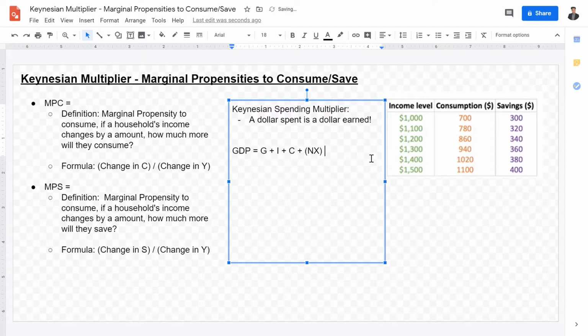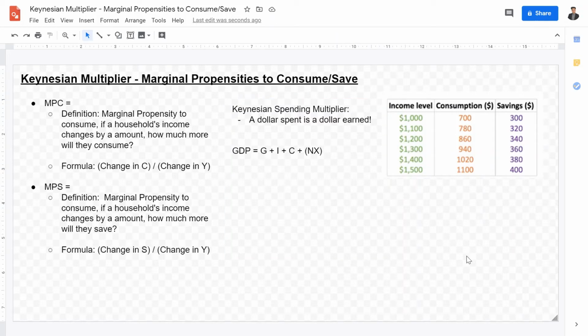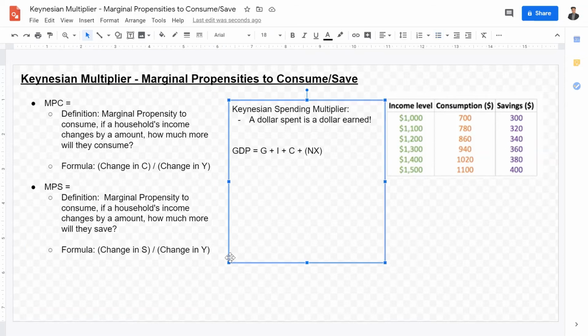Each dollar that the government spends is a dollar that a worker earns. In this very simplified model, a worker could either save the money or spend the money. I know there are other forms of leakages, such as buying foreign goods, where the cash flows out of the GDP, or taxation. But in this very simplified model, a consumer could do one of two things: buy things with it, or save the money.